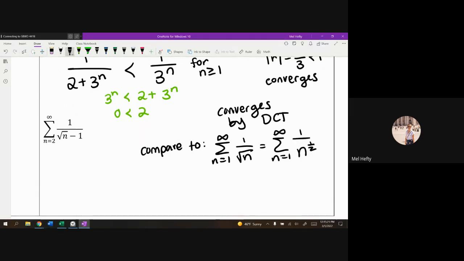I heard to the power of 1/2. So what type of series is this? It's a p series. All right, what is p in this case? 1/2. Why do I care? Less than 1. All right, get your comparisons to 1 straight in your head. Does that mean this p series converges or diverges?